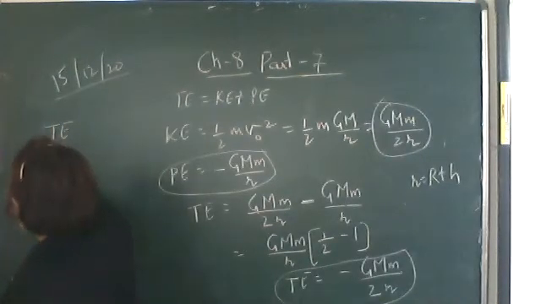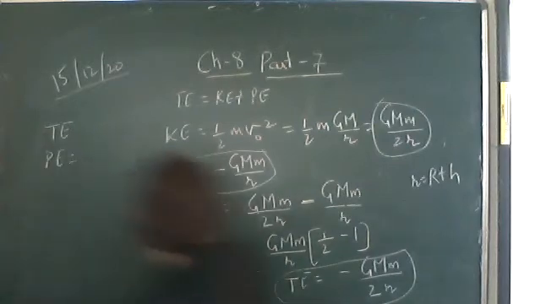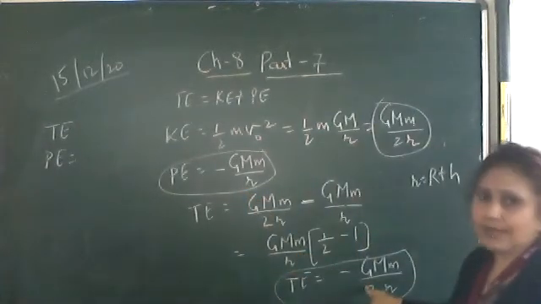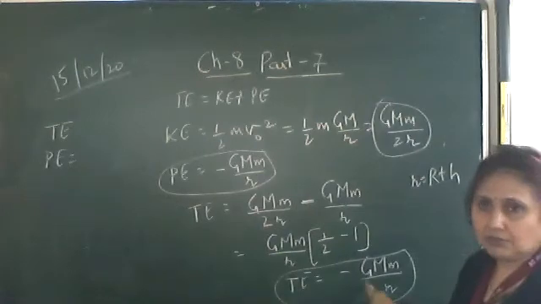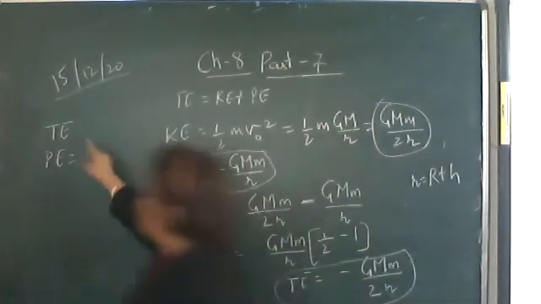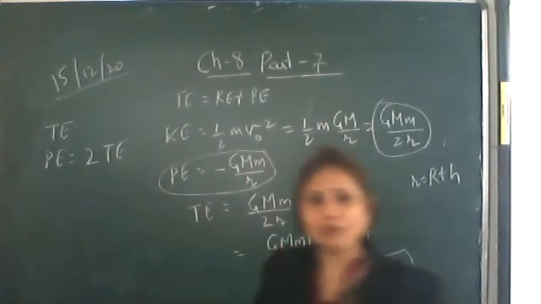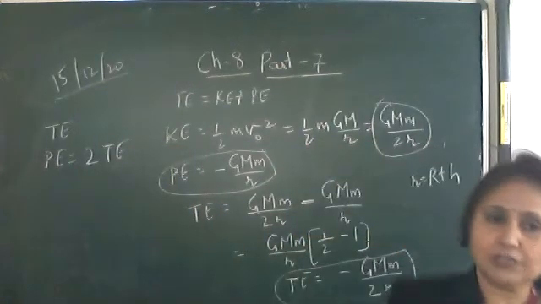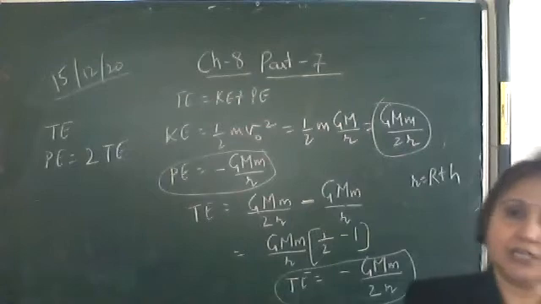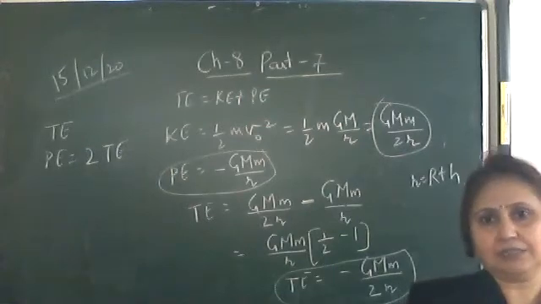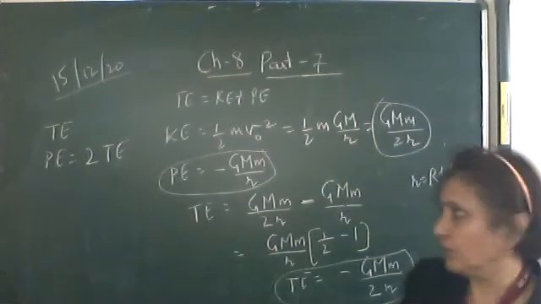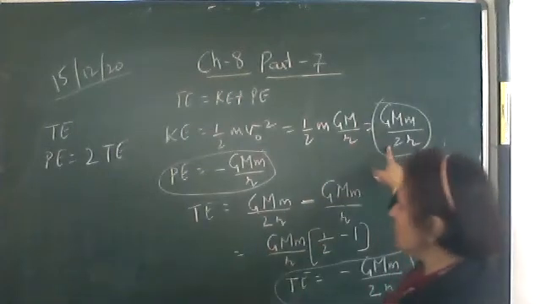Now the potential energy, as you can see here, is twice the total energy. Once you have found out total energy, then total potential energy you can write to be twice the total energy. Whatever value of total energy you have got, double it, you will get the potential energy. And how will you get the kinetic energy?